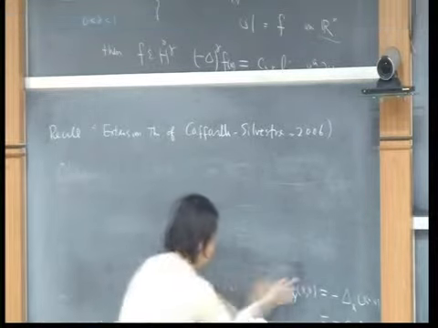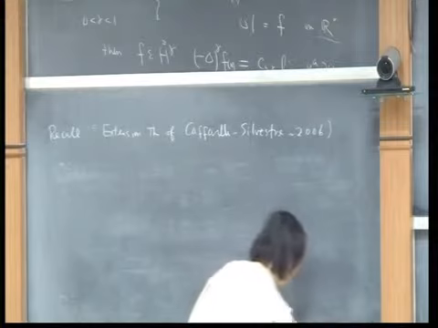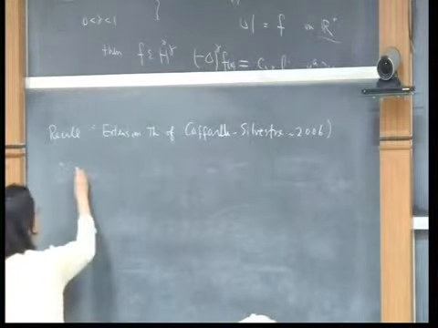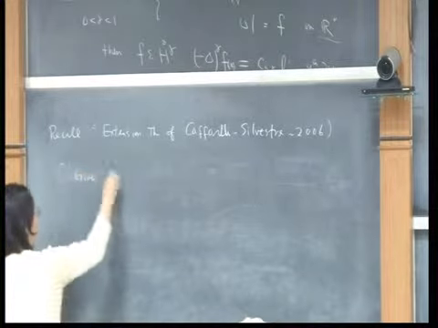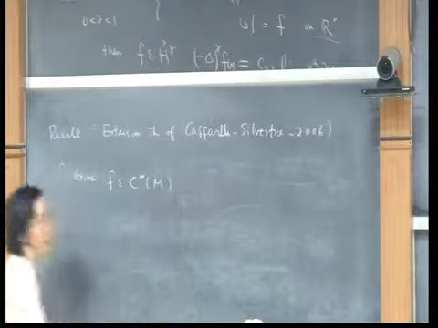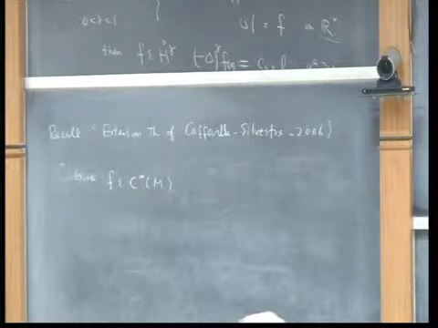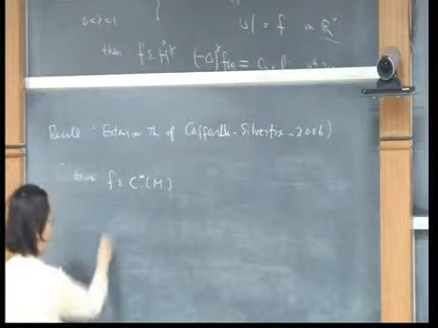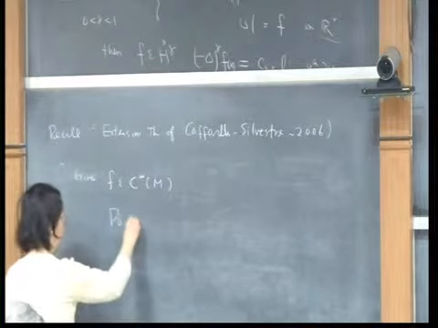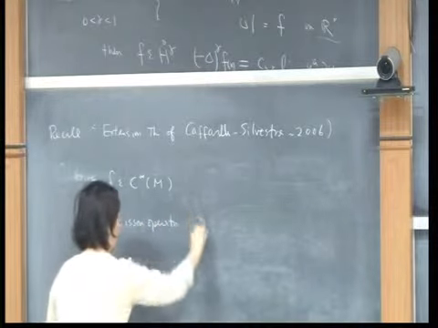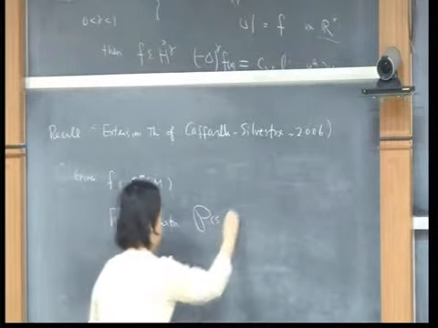So in this setting, given a function f, a C infinity function on M on the boundary, one begins to talk about something called a Poisson operator, P_s of f.